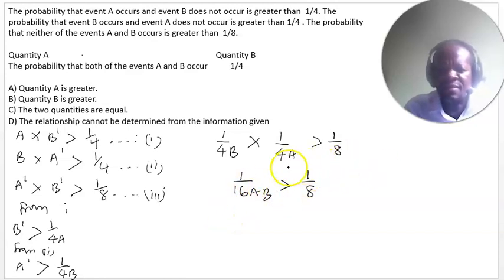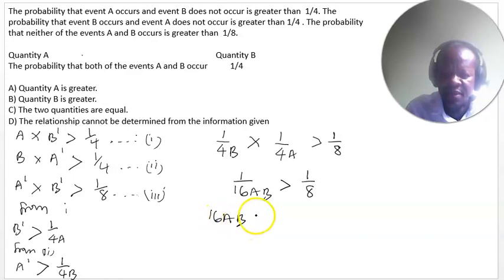Now, if you find the reciprocal of an inequality, the inequality sign reverses. So this becomes 16AB less than 8. So AB is less than 8 over 16. So AB, which you are looking for, is less than half.